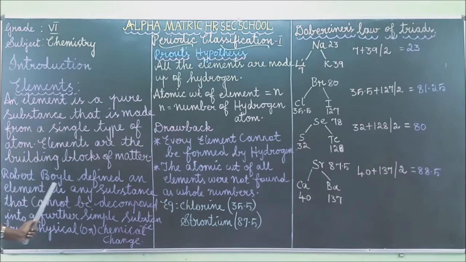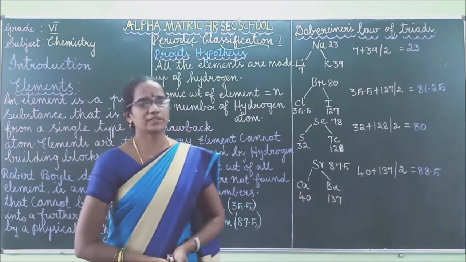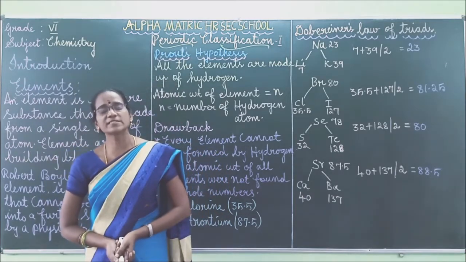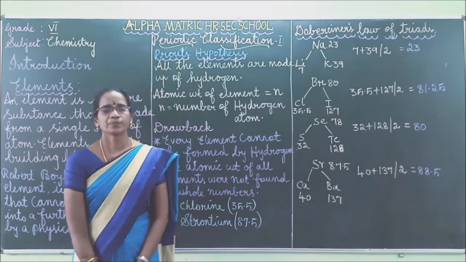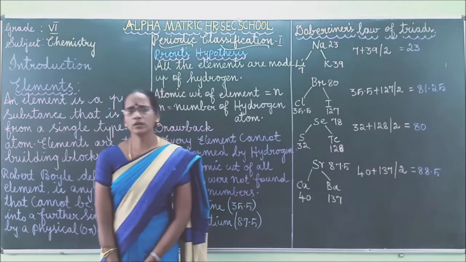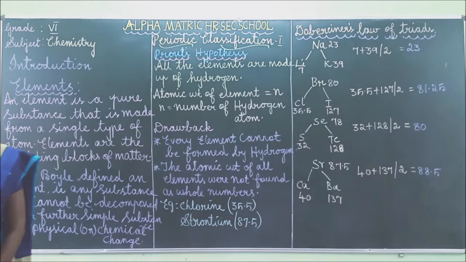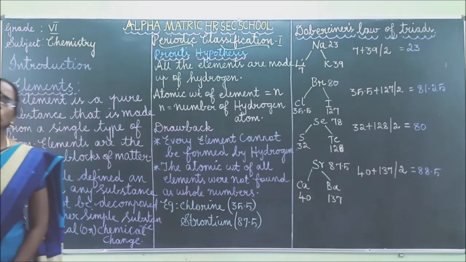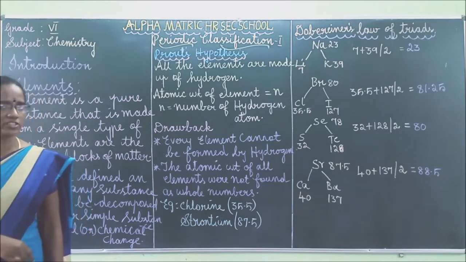Next we can move to Robert Boyle's assumption about elements. Robert Boyle was a famous English physicist, chemist and philosopher. According to Robert Boyle, an element is a substance that cannot be decomposed into simpler substances during a chemical reaction.